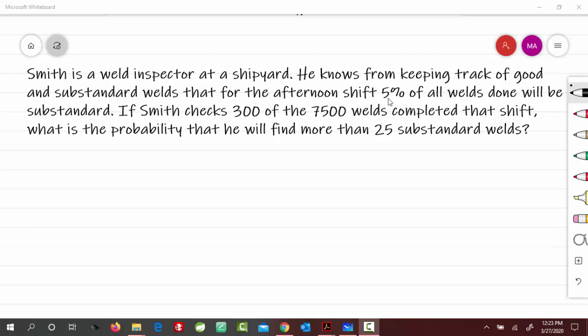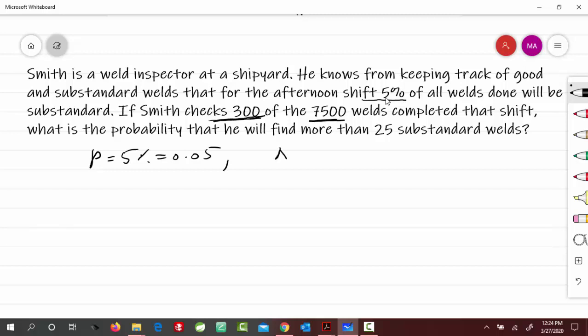So here you see that the probability of substandard welds would be 5%. So that's p, lowercase p, so p is equal to 5%, which is equal to 0.05. And in this shift, he checks 300 of the total 7,500 welds that were completed.